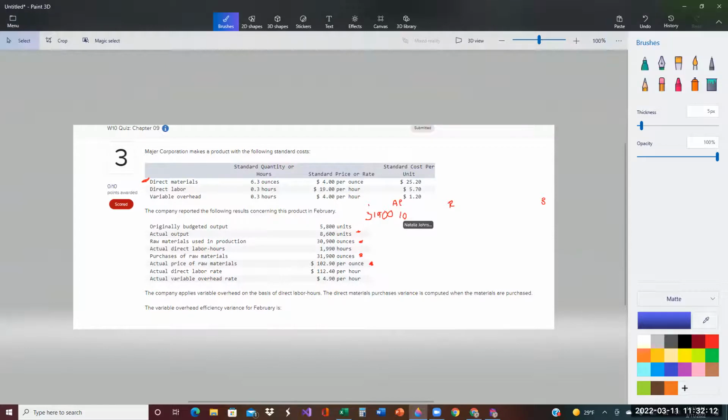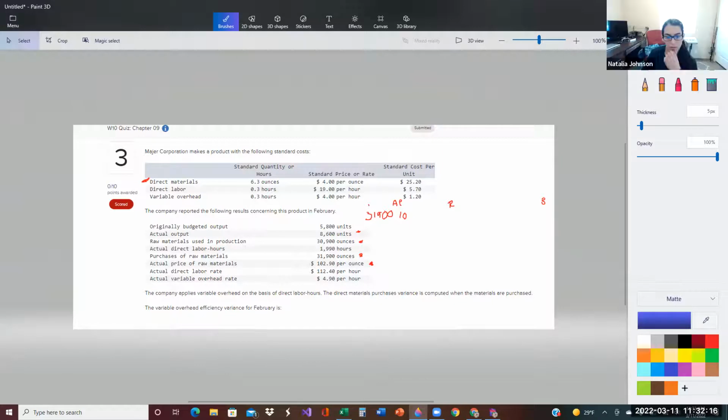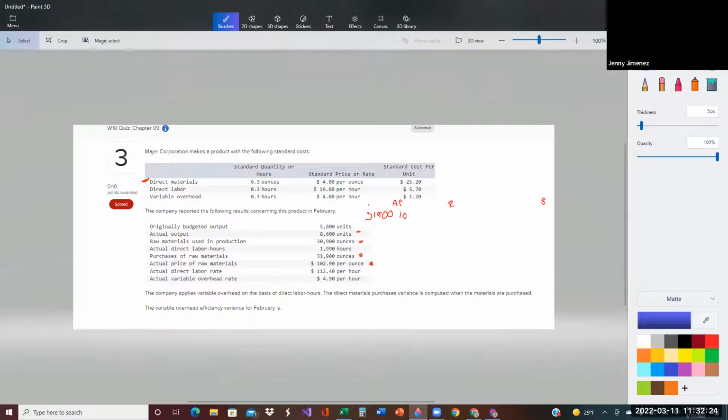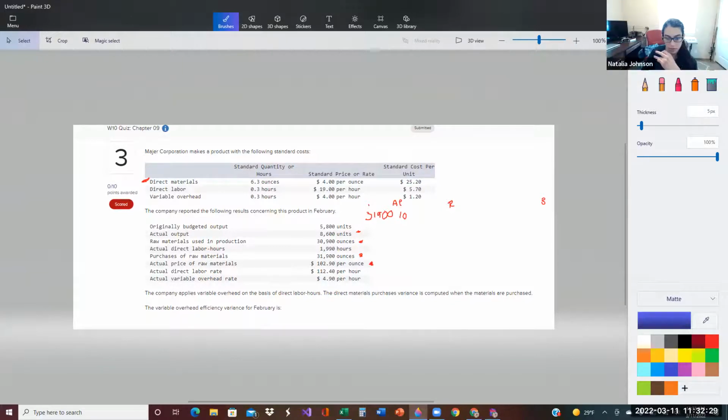That's crazy because the standard price rate is $4 per ounce, and the actual is 102. Is that total for all of them? I think it's just gonna be total. Yeah, because there's no way. Let's see if we do 102.90 divided by 31,900.